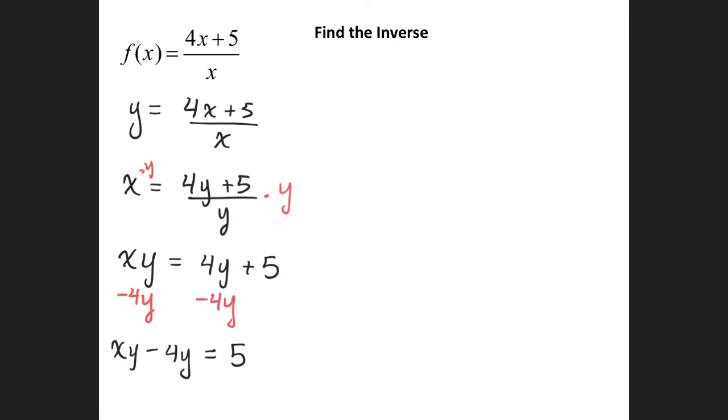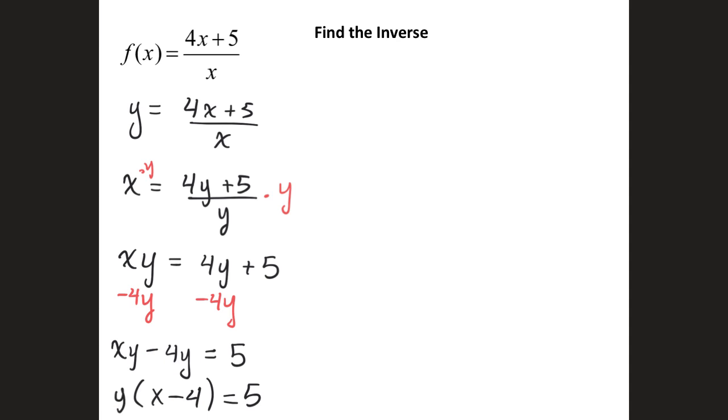Once the y's are together, then we can use the technique of factoring to factor out a y from the left side. Both of these terms on the left side have a y in common, so we can GCF factor a y out. I can check my work, right? Y times x would be xy, and y times negative 4 would be minus 4y.